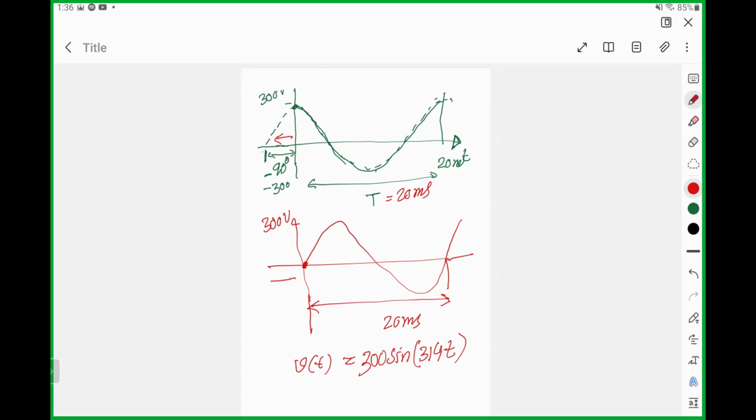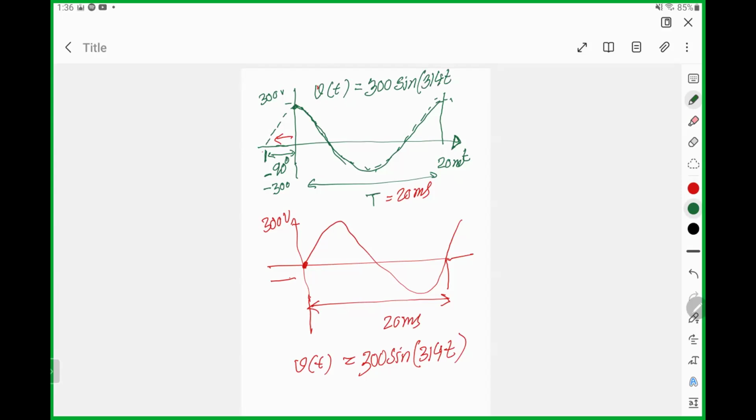Subtract the angle. Yeah, so we will not subtract the angle. This will be the same sinusoidal signal. I can just write down here that this is my same sinusoidal signal. So definitely these things remain the same. So I will just write down this one would be 314t. Up to this, there is no problem.